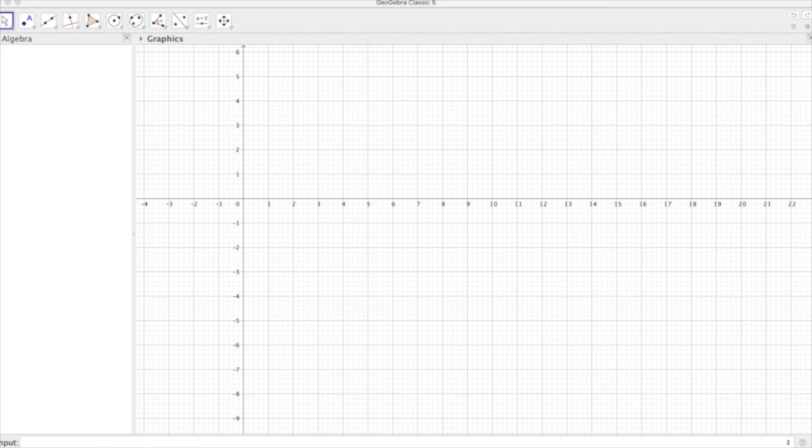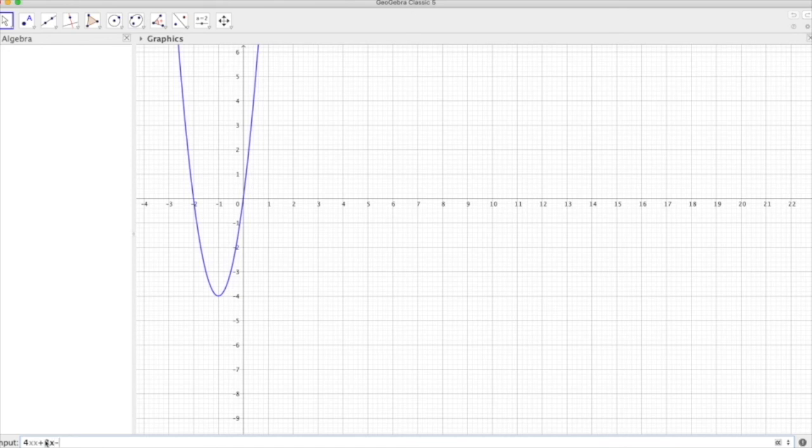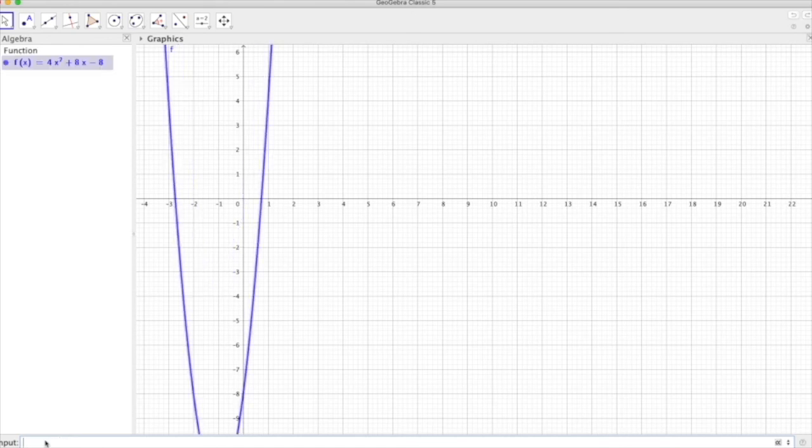We can also use dynamic graphing software to have a look at the question. So first of all, we'll type in the left hand side. I'm typing x^2. You can use the up button for doing powers, but for squares you may as well just type xx, plus 8x take away 8, and there's our quadratic.